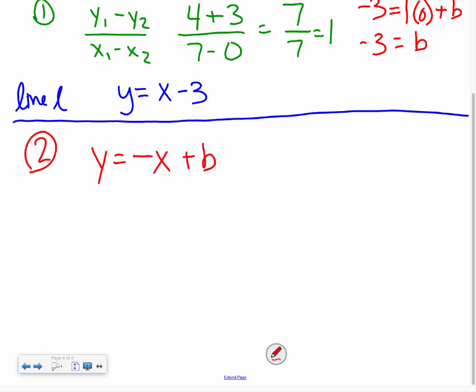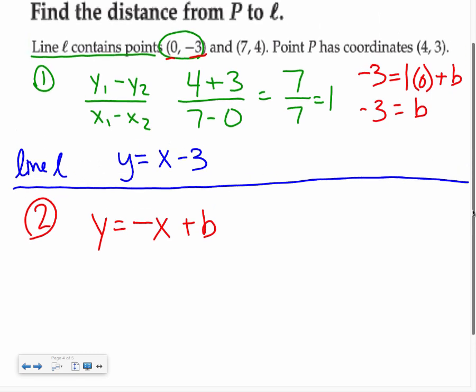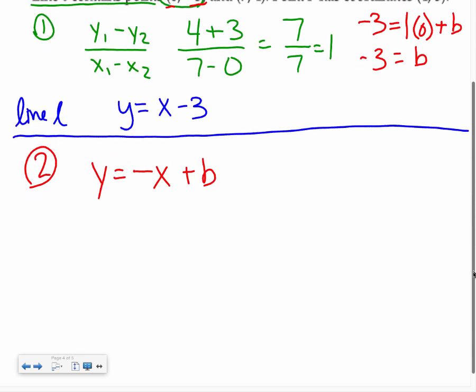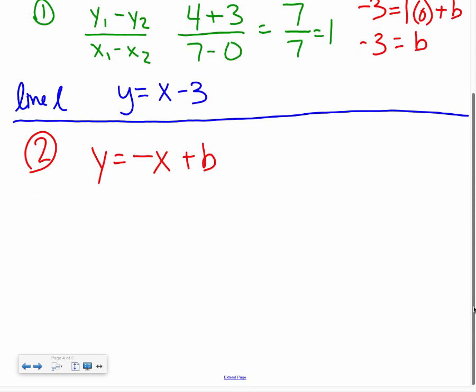This is what we know so far. We know it has to go through the point (4, 3), because that's the one that we were given in the problem, so we can just plug that in. y equals 3, and we have -1 times 4, which is -4, plus b.